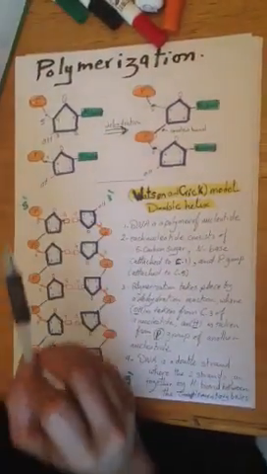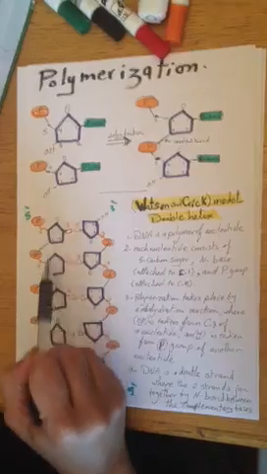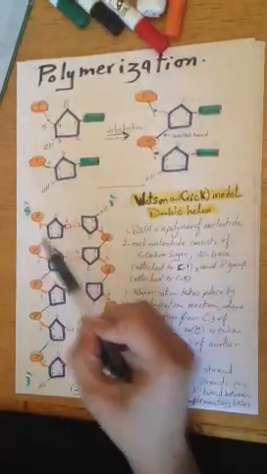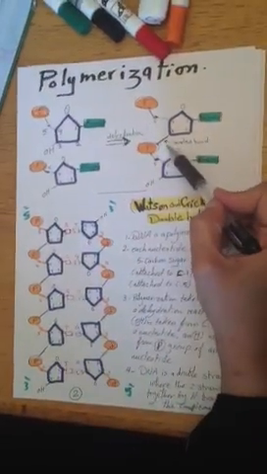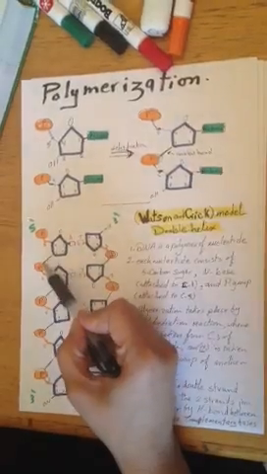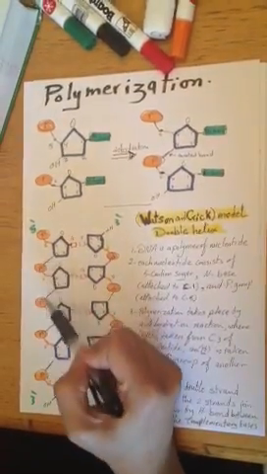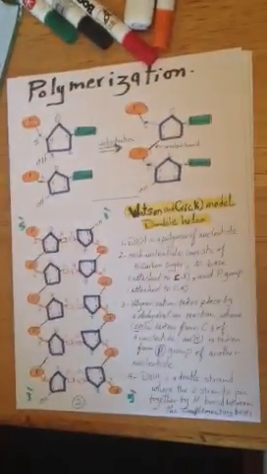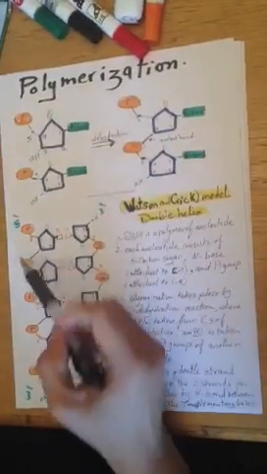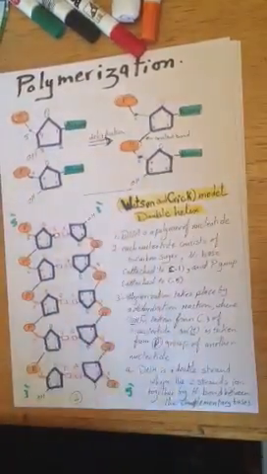So here I have many nucleotides joined together this way by dehydration reaction, and the formation of covalent bond. So DNA is a polymer of nucleotide. Here they are.